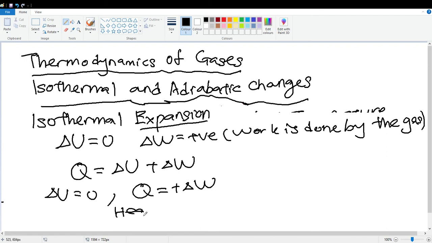So the heat supplied is equal to the work done by the gas.